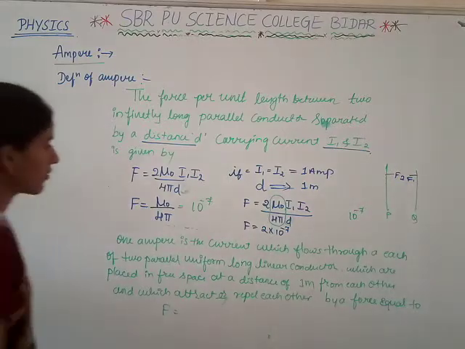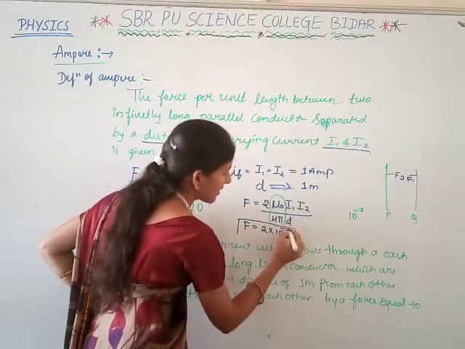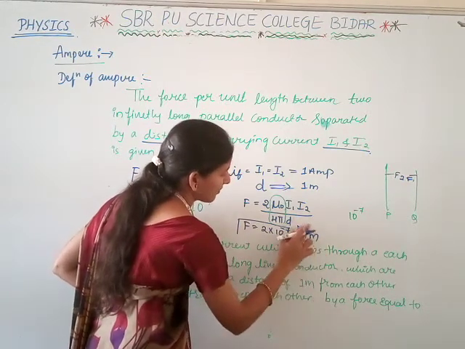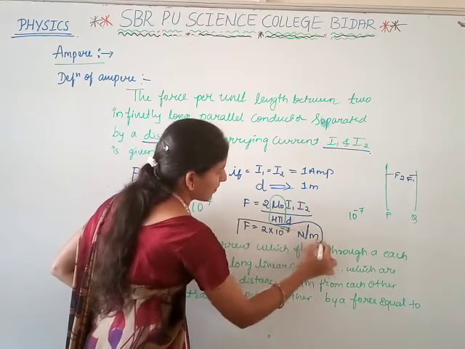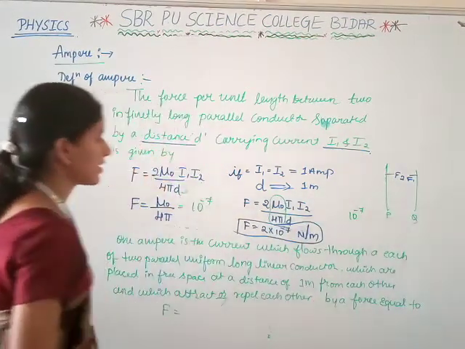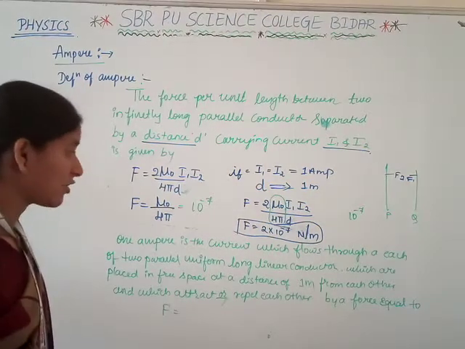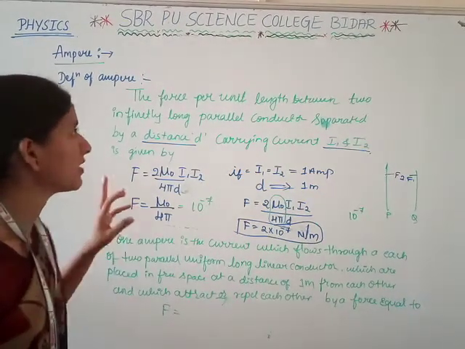That is force F is equal to 2 into 10 to the power of minus 7 Newton per meter. This is by ampere formula we have found the value of F, that is 2 into 10 to the power of minus 7 Newton per meter.